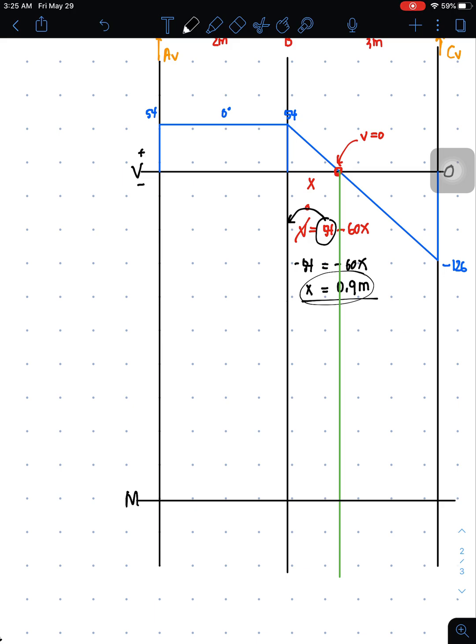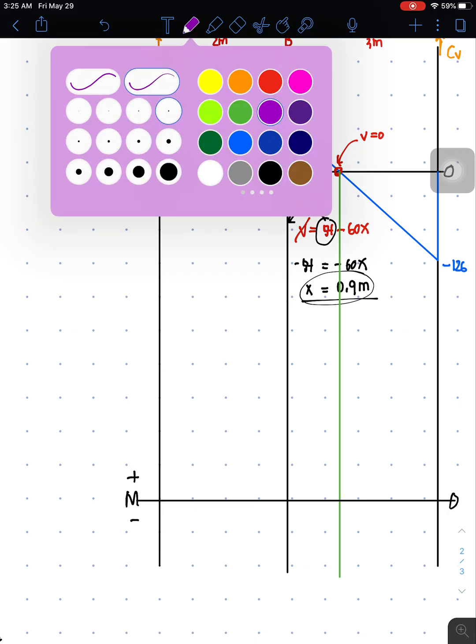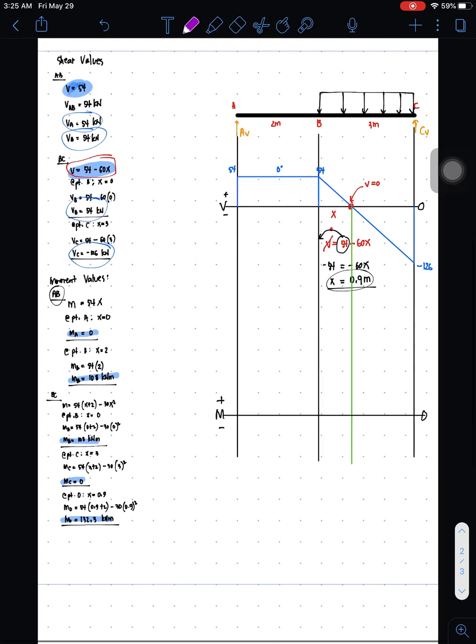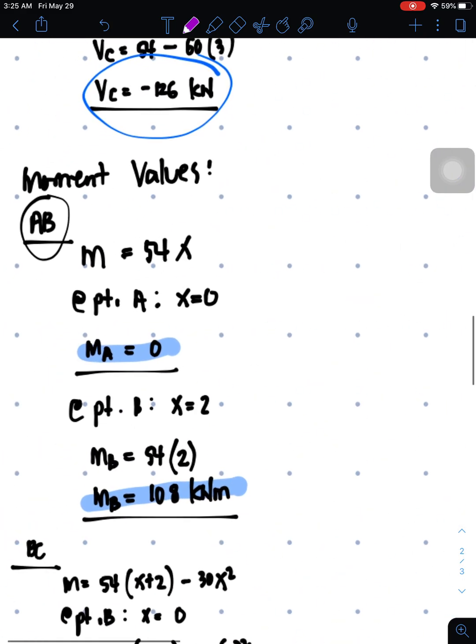So this is 0 moment line, then positive babaw sa horizontal. Okay, starting with MA.